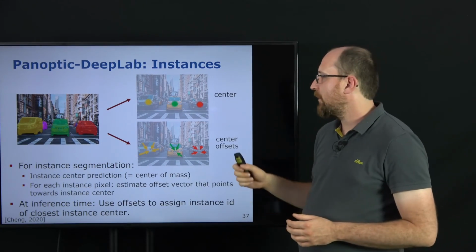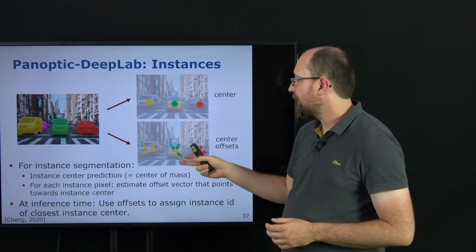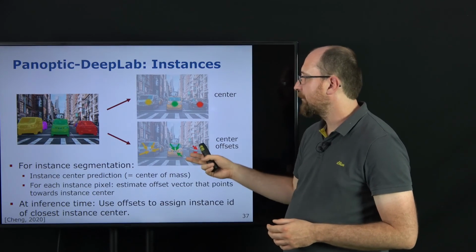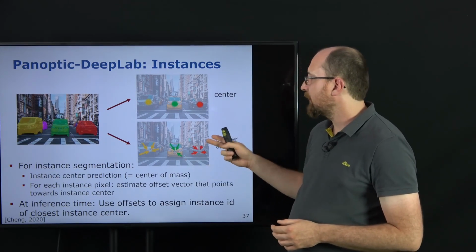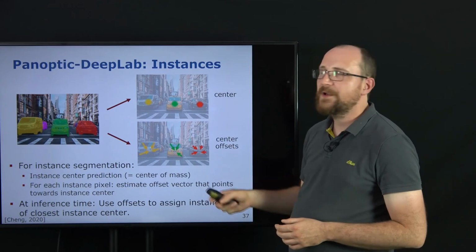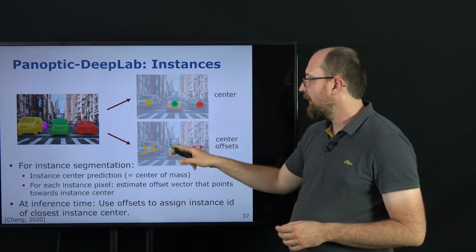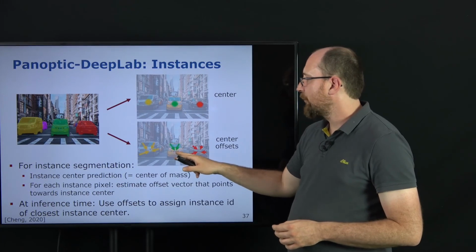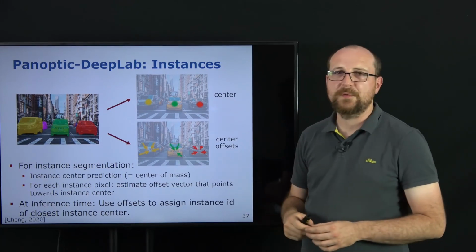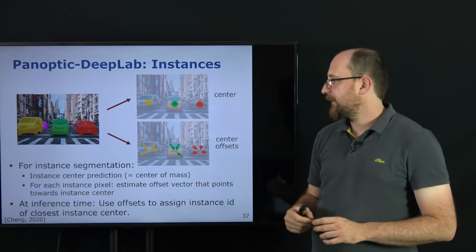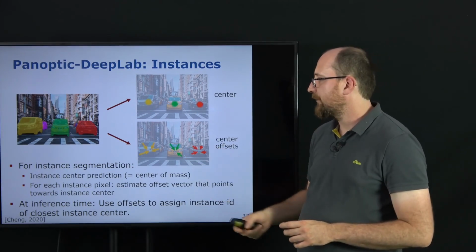And then in this case, we also produce for each pixel in the image an offset location, which tells us where should be the center of the object.